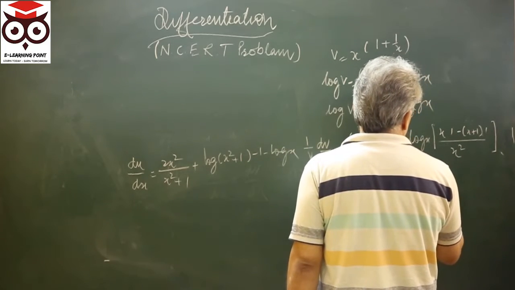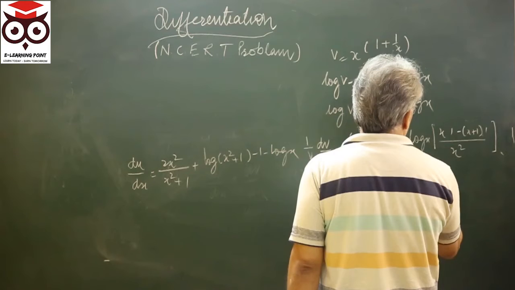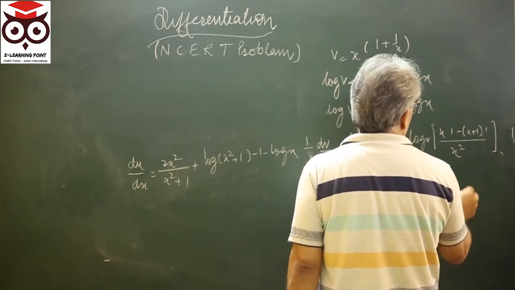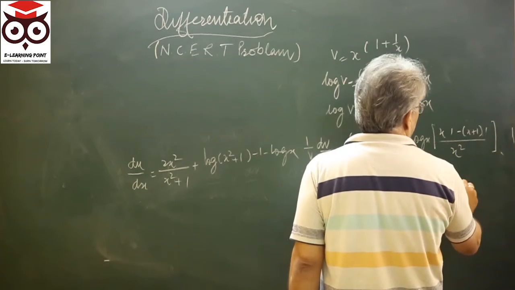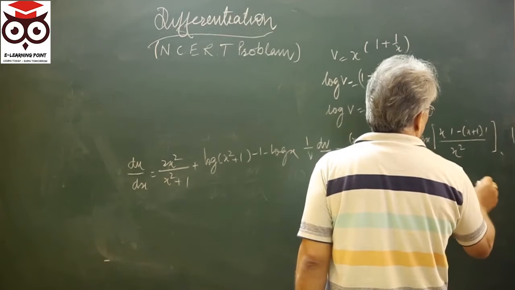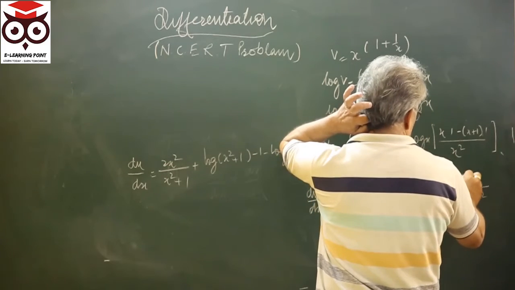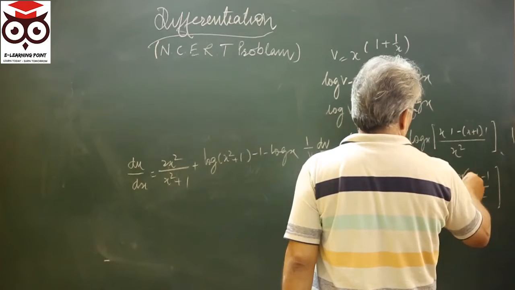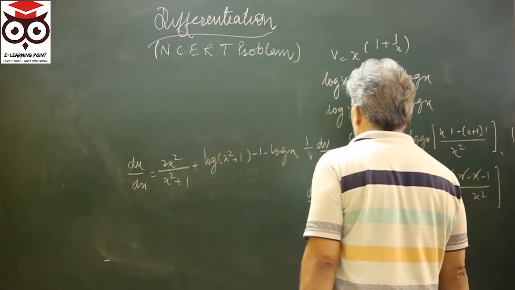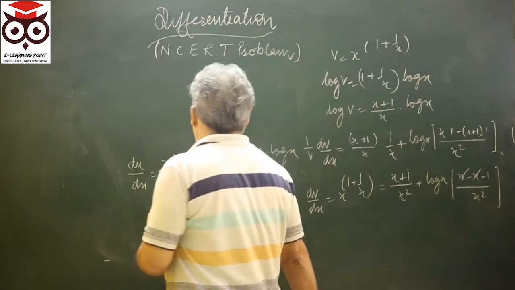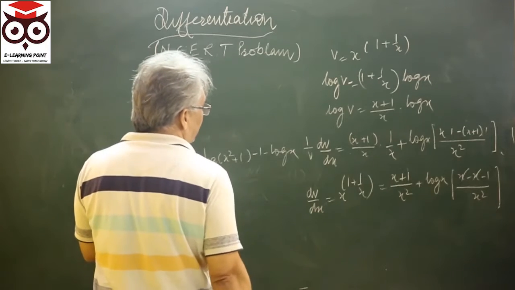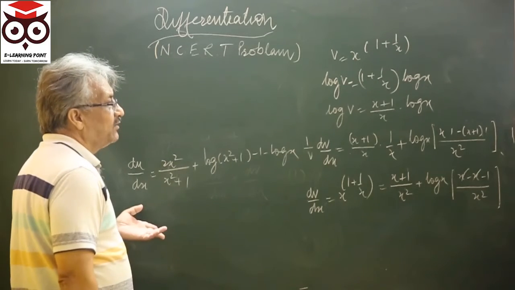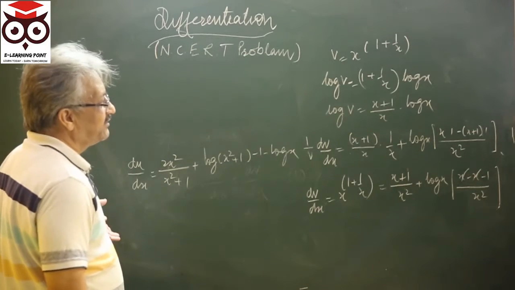And this thing can be written down as log x. Here will be x square. This is x minus 1. So this will be cancelled out. These whole two values you will put in equation number first.